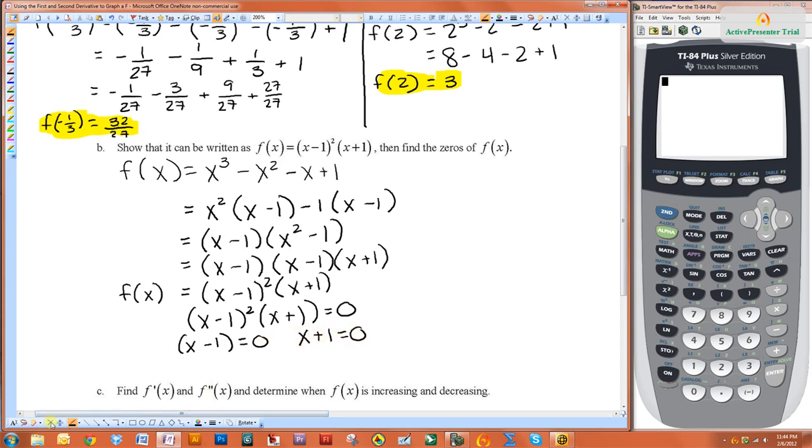And I didn't really need parentheses around this one, sorry. Okay, so that means x is equal to 1 and x is equal to negative 1. Okay, so the two zeros are 1 and negative 1.